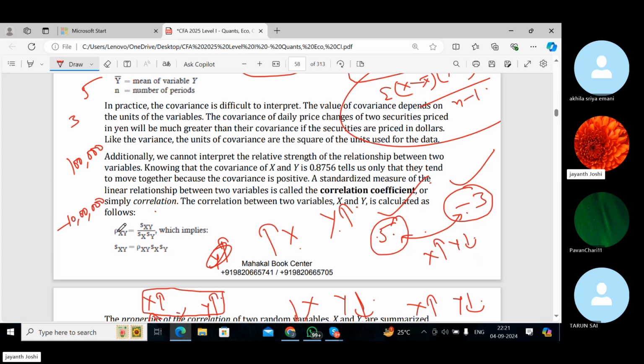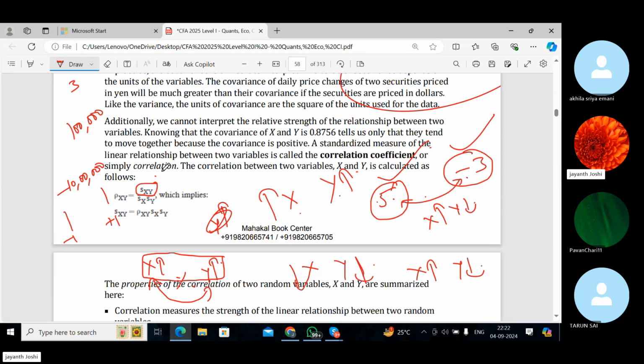So to know the strength of the relationship, they normalized this covariance number. That means they brought this covariance number into a scale of -1 to +1. How did they normalize this? They took the covariance and divided it by the standard deviation of each stock participating in the portfolio.